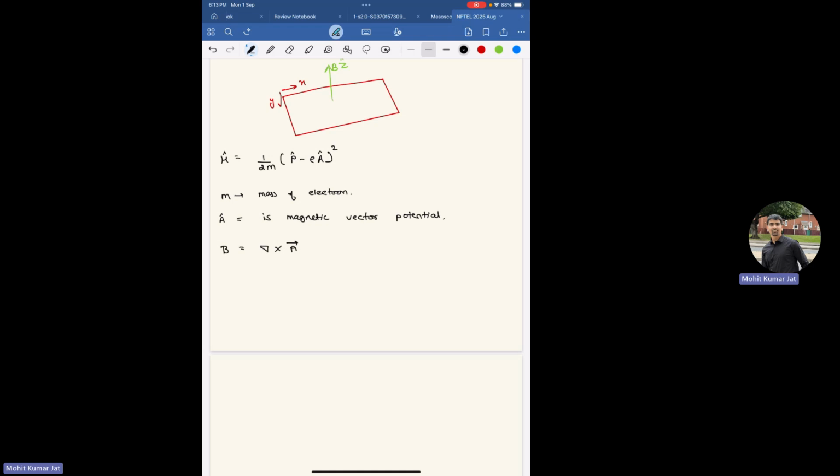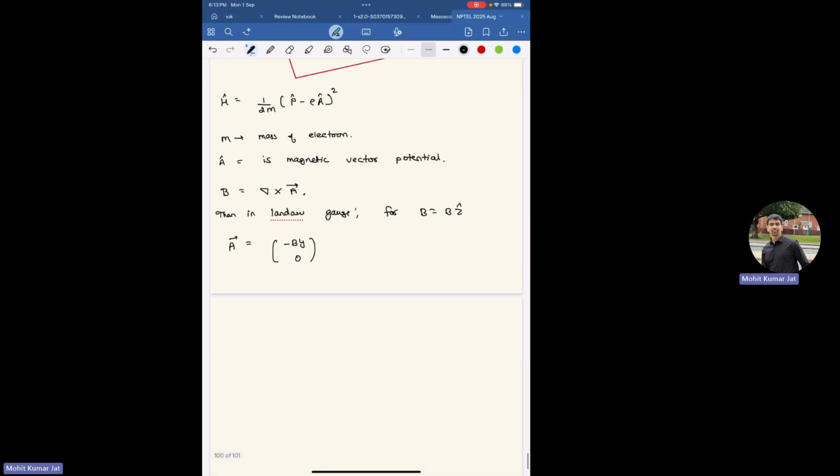Within the Landau gauge, for B equal to Bz z-cap, I can choose the Landau gauge A to be (minus By, 0, 0), that is, minus By x-cap.